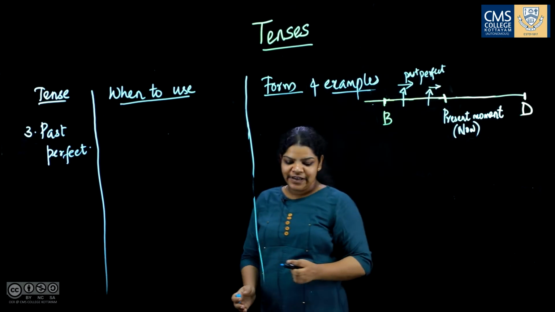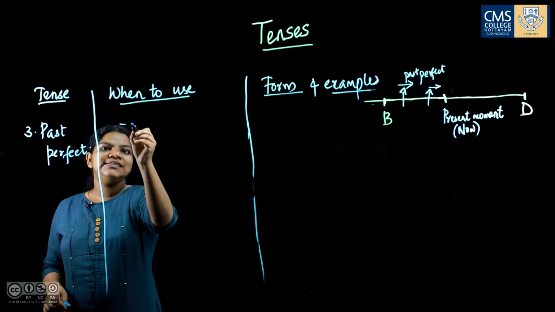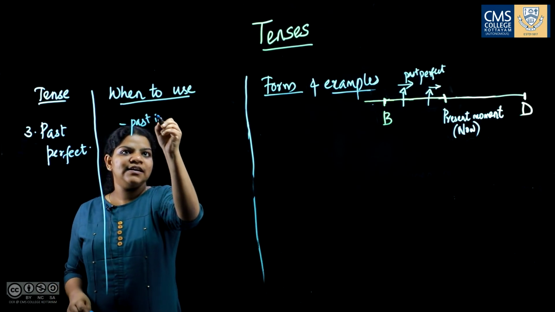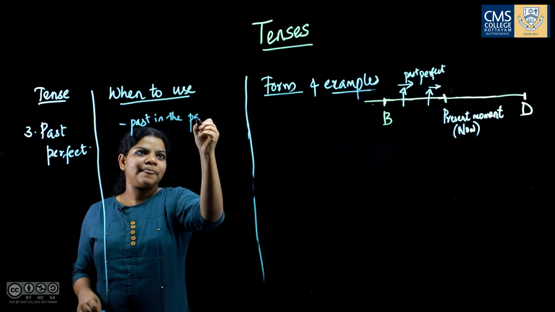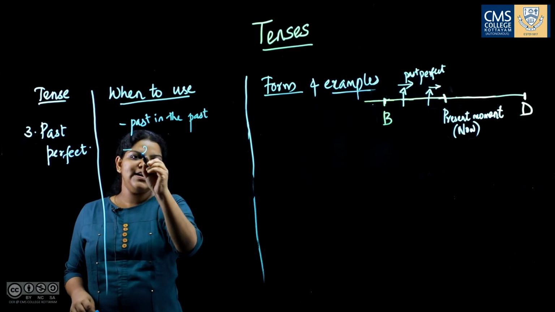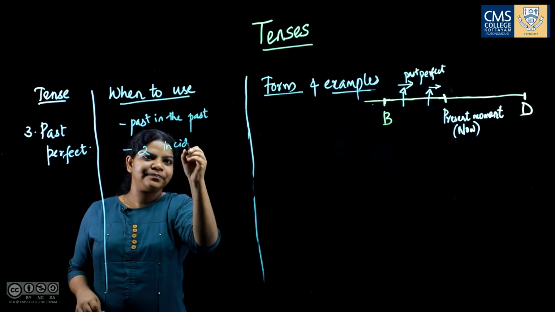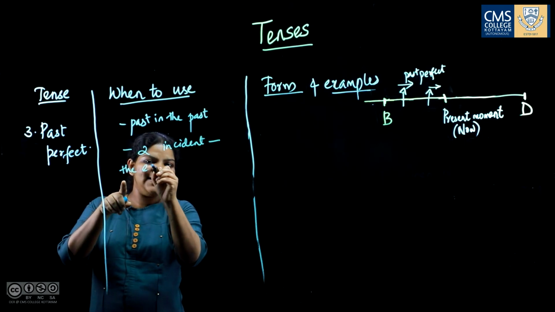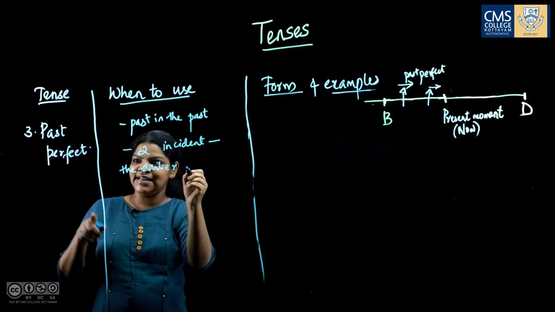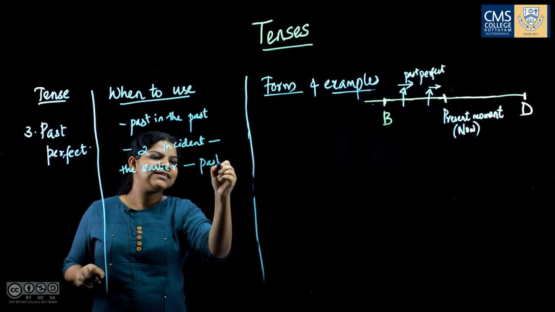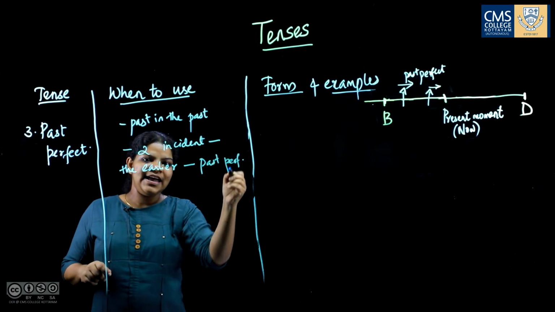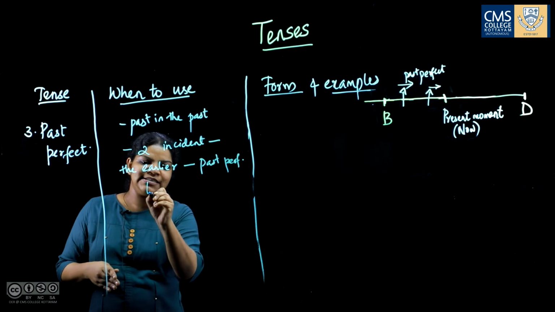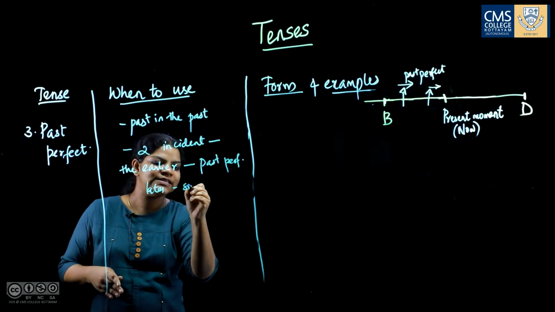So past perfect tense, as we said, is past in the past. That is, when there are two incidents, the chronologically earlier incident will take the past perfect tense, and the later incident will take the simple past tense.